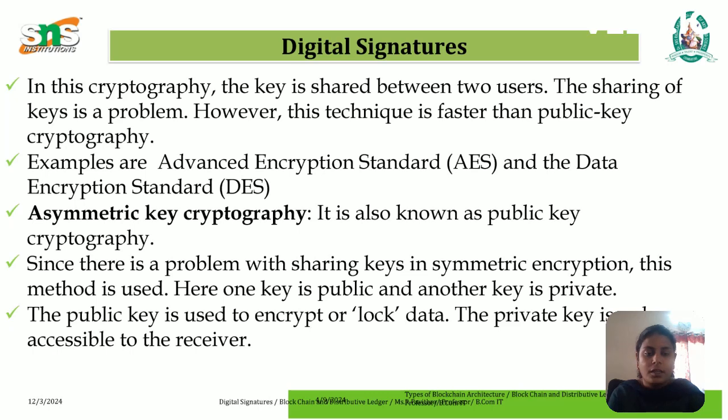The Advanced Encryption Standard method is used in data encryption. Since sharing the key is a problem, public key cryptography is used instead of symmetric key cryptography. There are two kinds of keys, the public key and the private key. The public key is used to lock data and the private key is used by the receiver to access it.